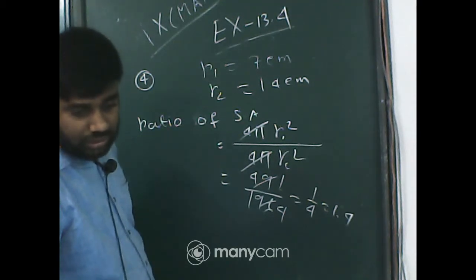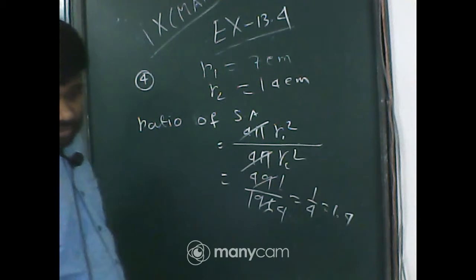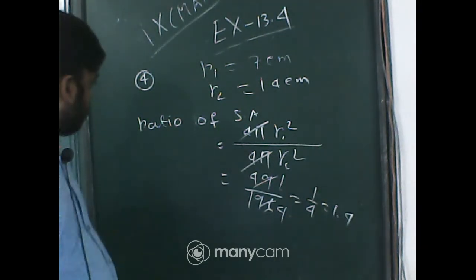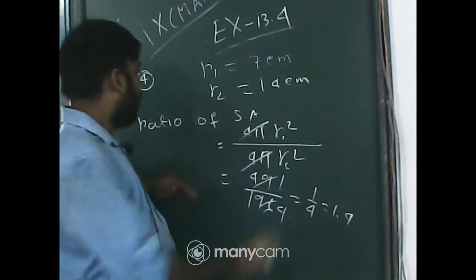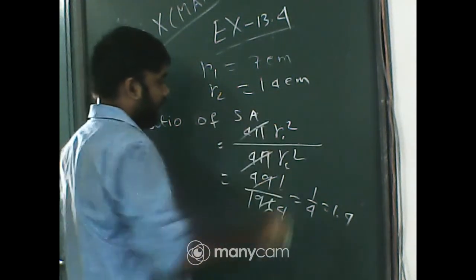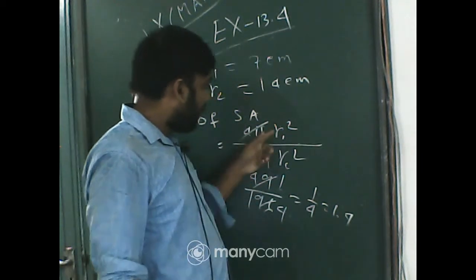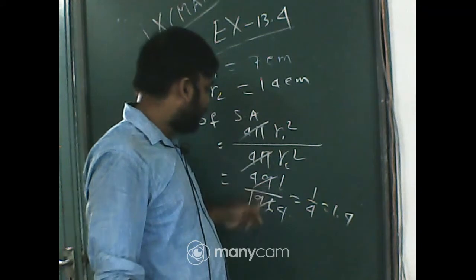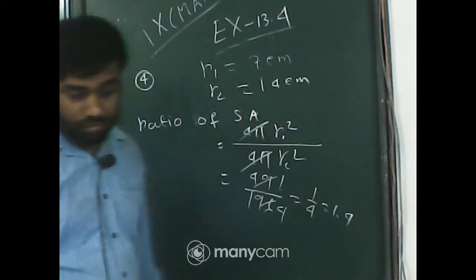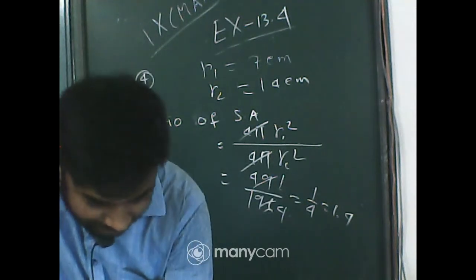The ratio of surface area, 4 pi r1 square by 4 pi r2 square. 4 pi removed, r1 square, 7 square, that is 49, r2 square 196, that is 1:4. Got it?